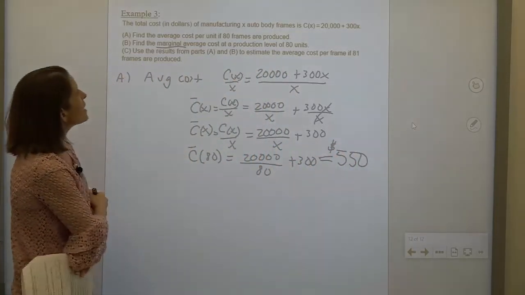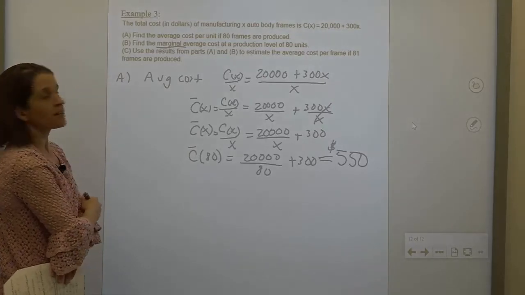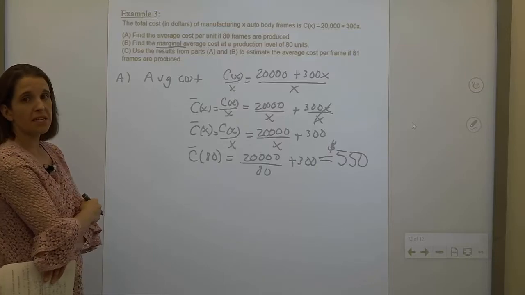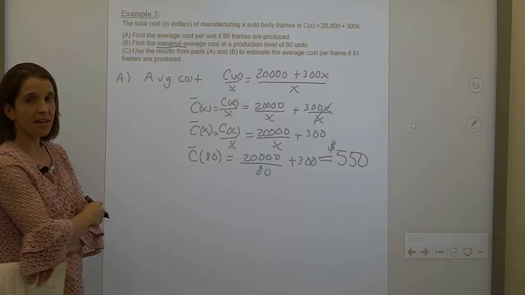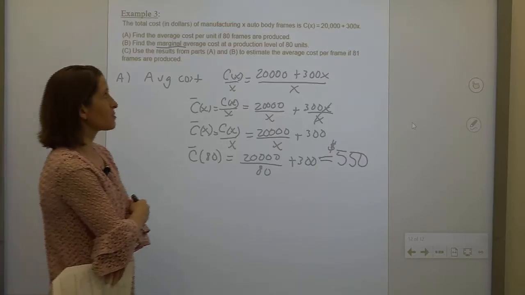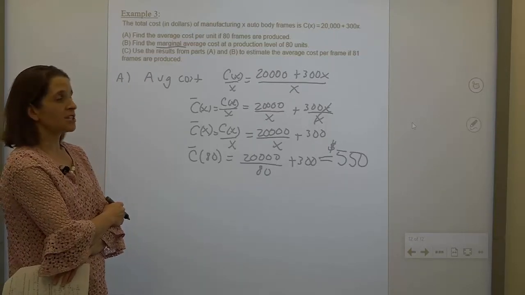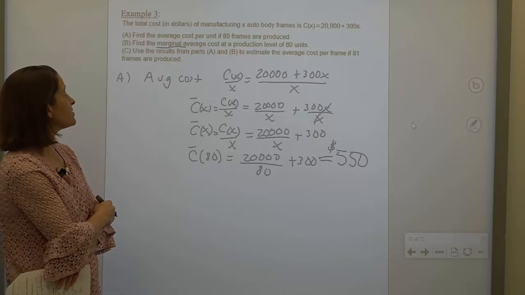So when 80 of these auto body frames are produced, the average cost of producing each one is $550. So again, that doesn't mean that number 1 costs $550 and so did number 80, but if you average out how much it costs, then it would be $550.